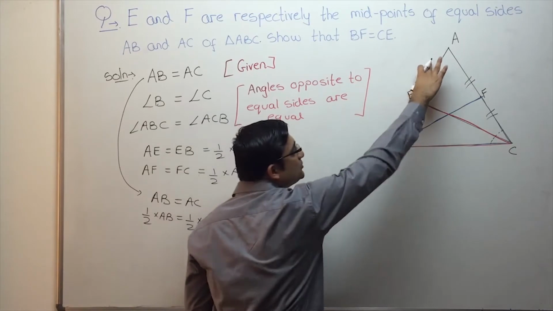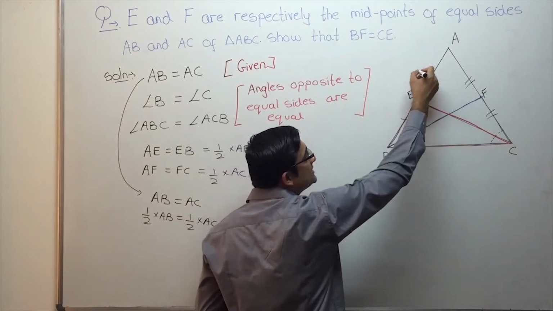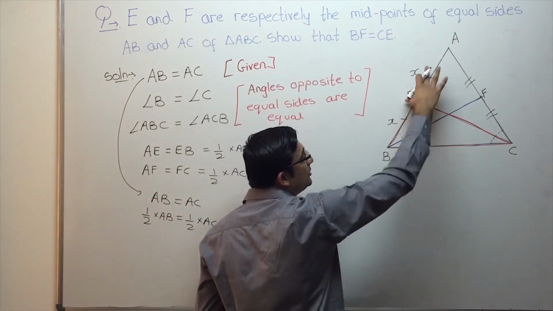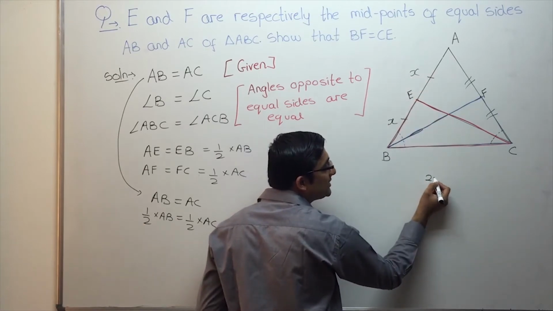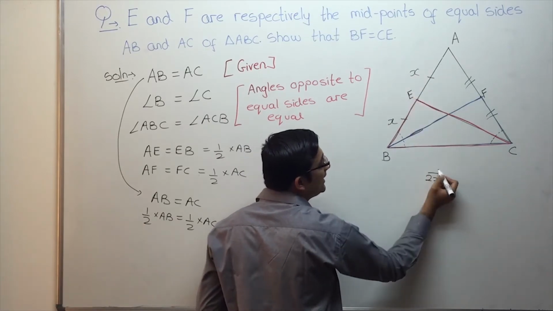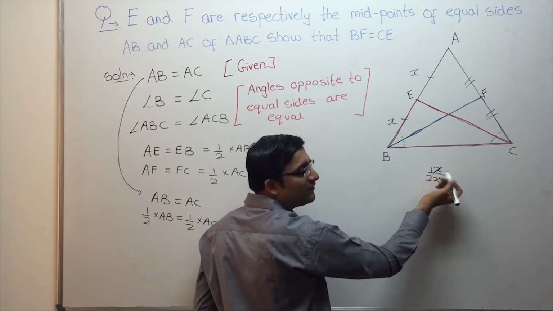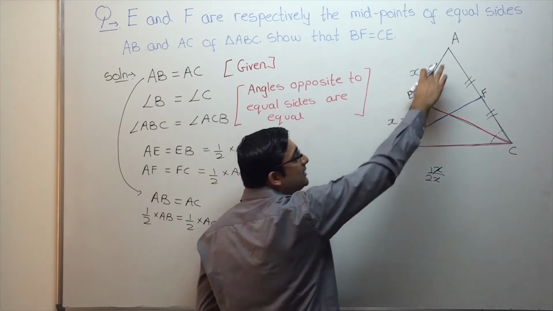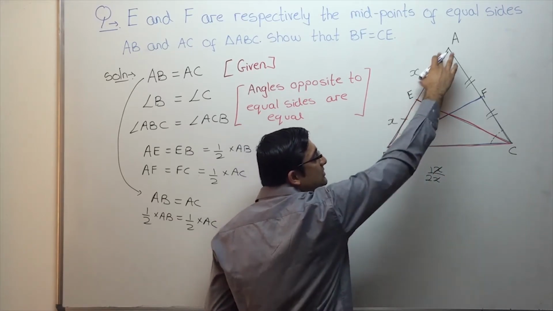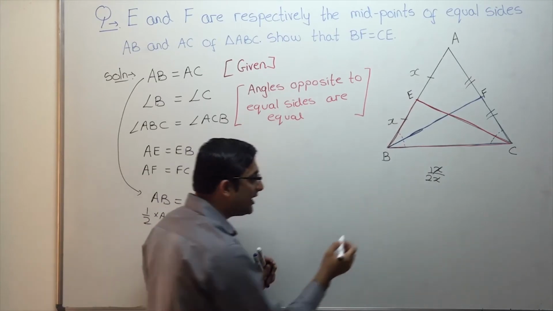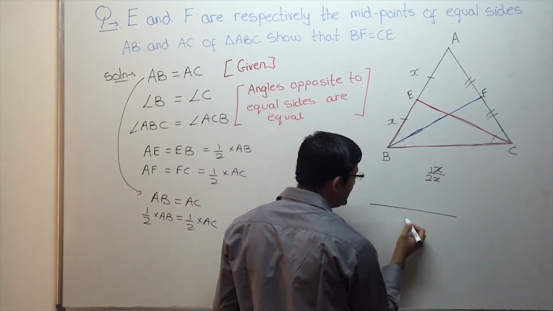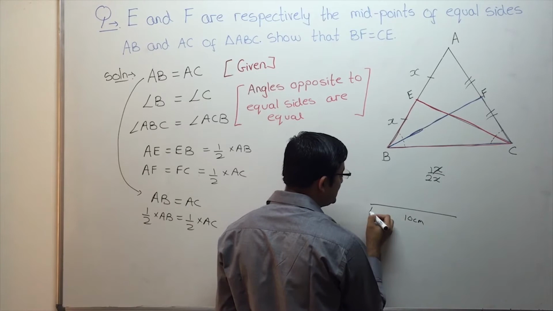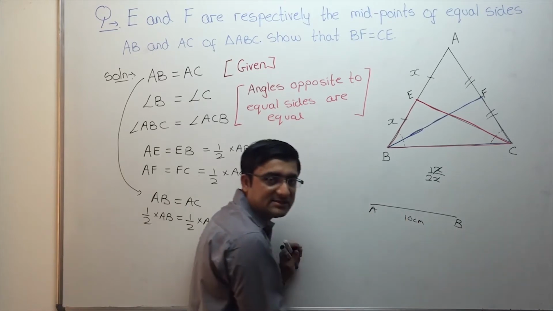Why? See, these two sides are equal, right? So let's say this is X and this is X. So what is total AB? X plus X, 2X. What is AE? X. So X upon 2X, half. So remember, whenever you have a midpoint, this is equal to this and each part is half of the total length. I'll explain once again. Let's say we have a line segment AB, which is 10 centimeter.